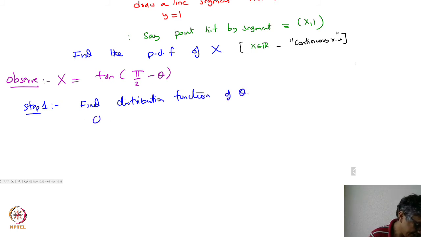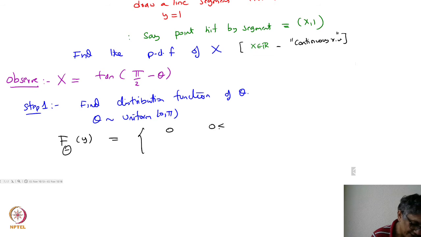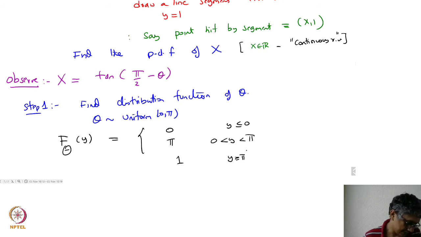Theta is uniform on 0 to pi, and we know already from the previous example that F sub theta of y is equal to 0 if y is less than 0, y over pi if y is between 0 and pi, and 1 if y is bigger than pi.